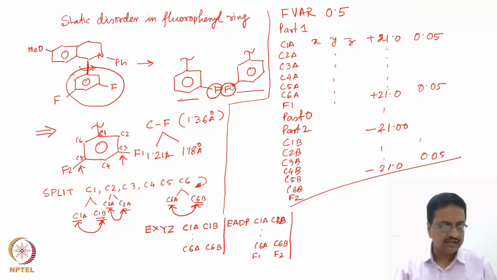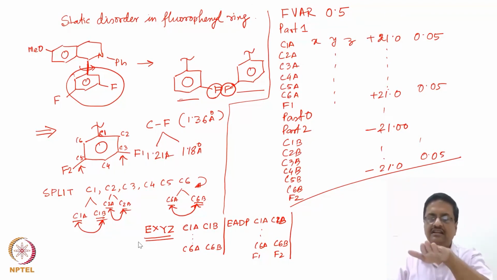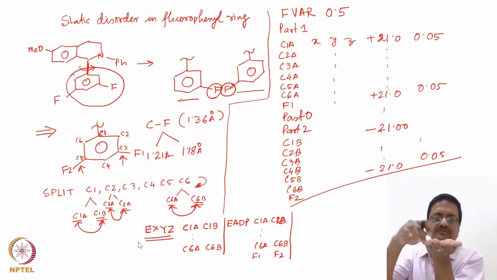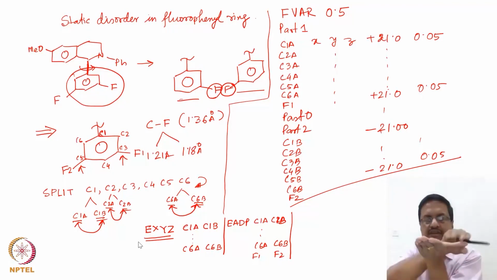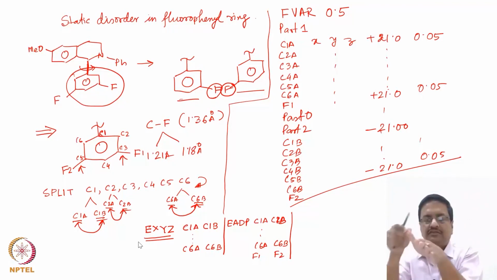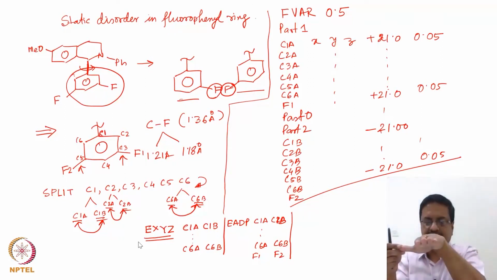So this part 1 and part 2 process has to be applied as it was done in the case of BF4, but here we add extra EXYZ for the carbon atoms which are located at their original position even when disordered. This essentially indicates that the molecule has only rotated about its axis like this, keeping all the atoms in the plane the same, but this fluorine atom which is here gets rotated to the other side like this.